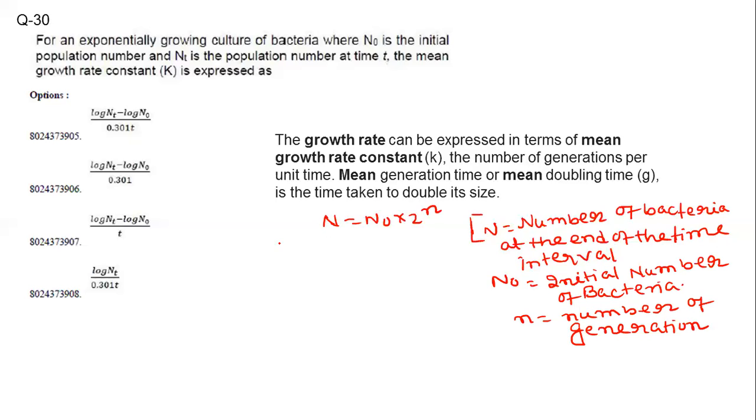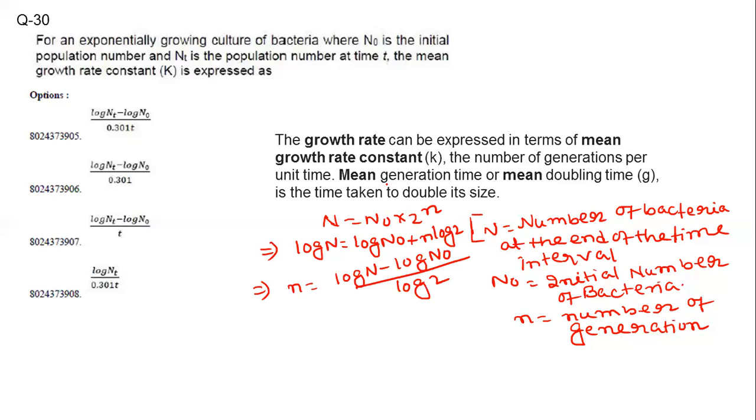Now applying log on both sides, log N equals log N0 plus n log 2. From here, the number of generations n equals log N minus log N0 by log 2.